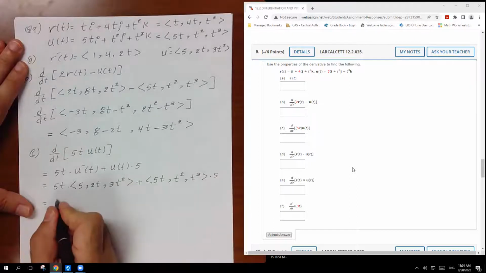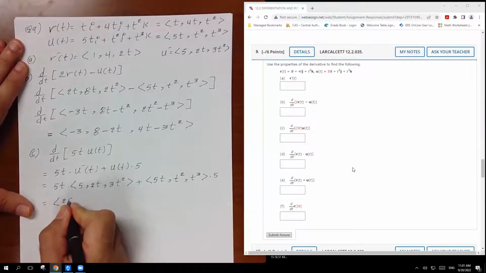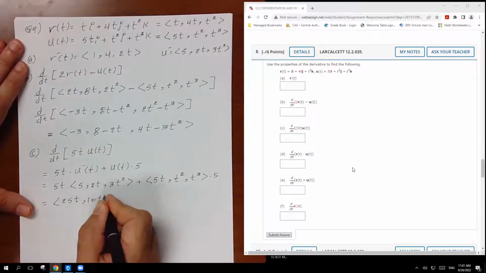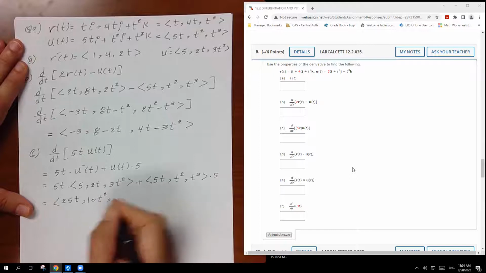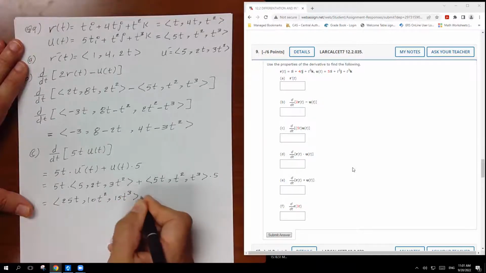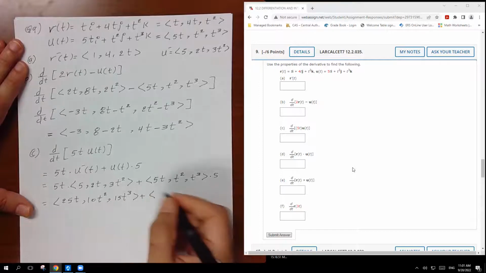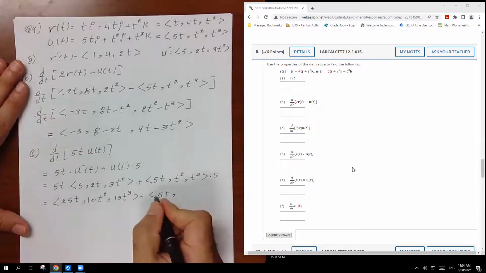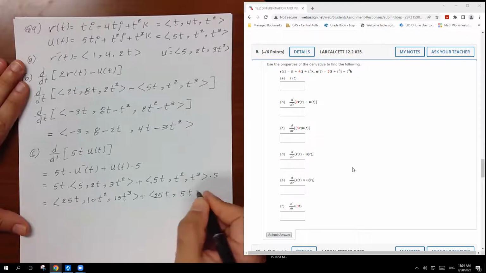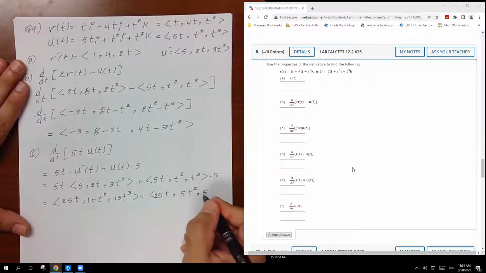This one is going to be 25t, and here is going to be 10t squared, and the third one is going to be 15t cubed, plus this one is going to be 25t, and it's going to be 5t squared, and the third one is going to be 5t cubed.